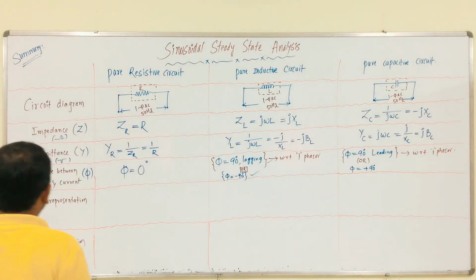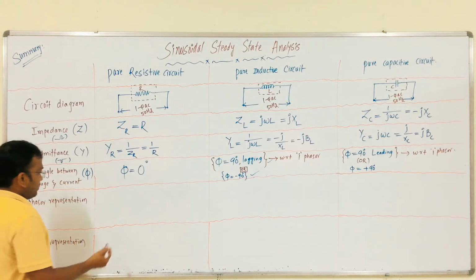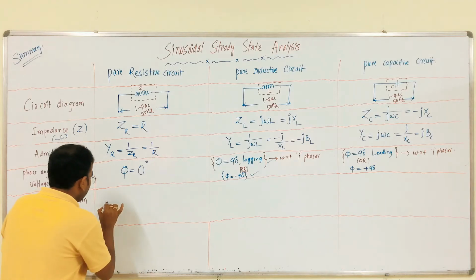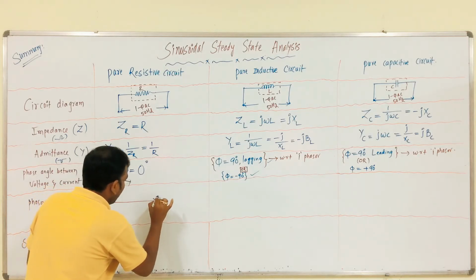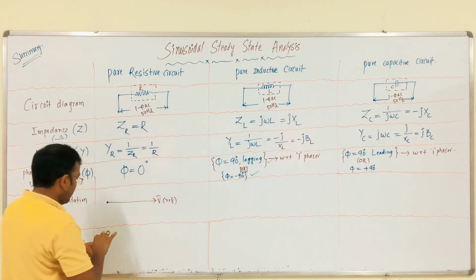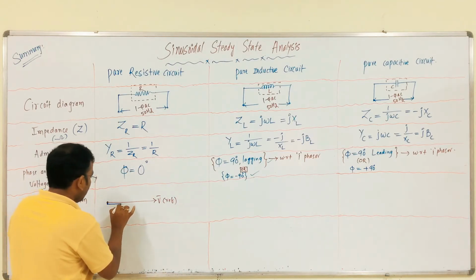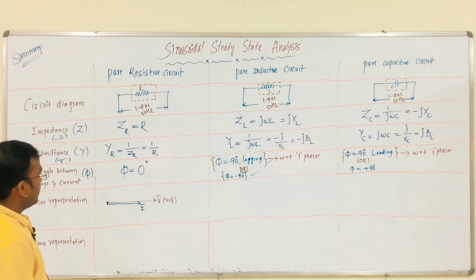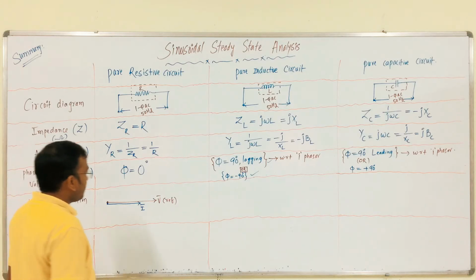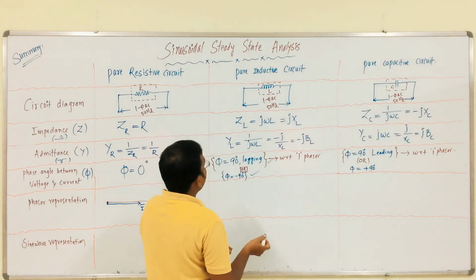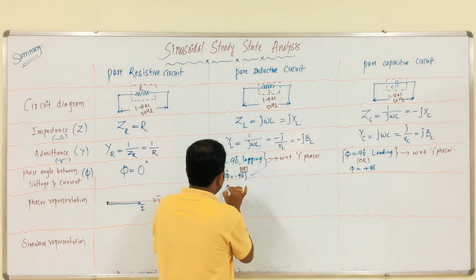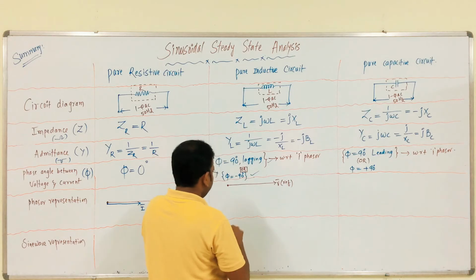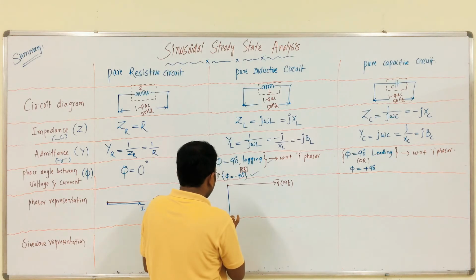Next, we have to represent phasors. Here voltage is taken as reference, and we have the current. Phi is equal to 0 for this. Clear. Next, for the pure inductive circuit, voltage is taken as reference, this is current.